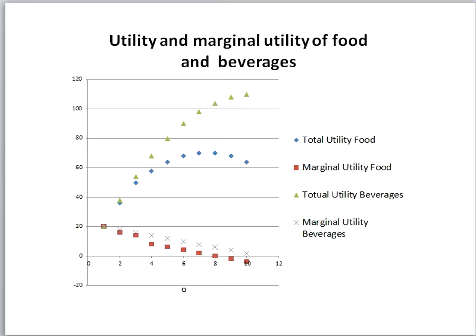Also, we have discussed that the consumer will allocate its resources in such a way that it tries to equally distribute the marginal utility per dollar, or per price, among all the different satisfactors that they could have.